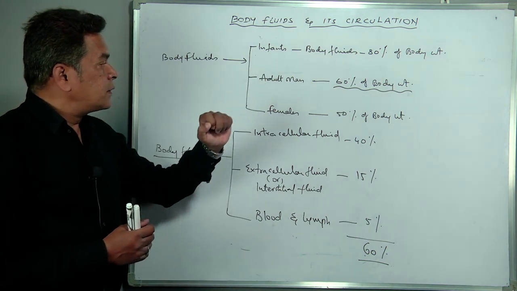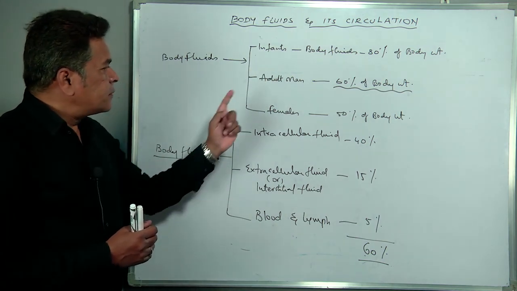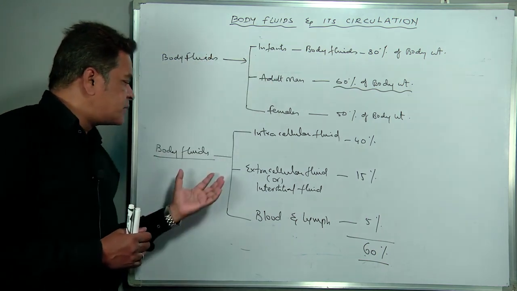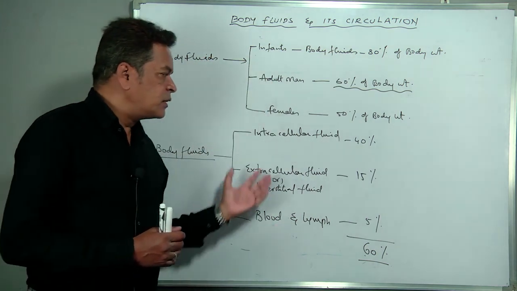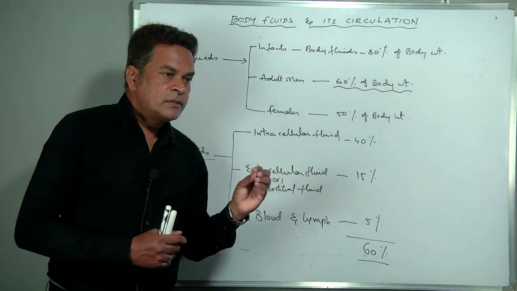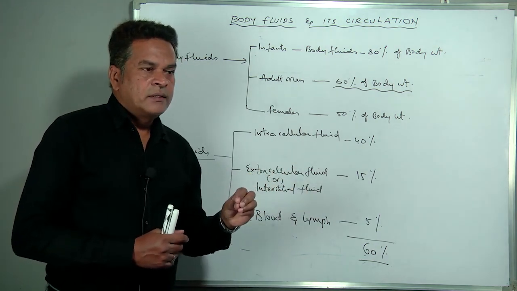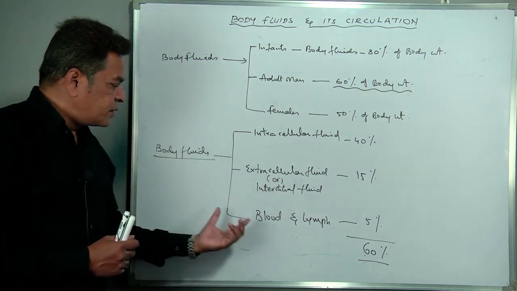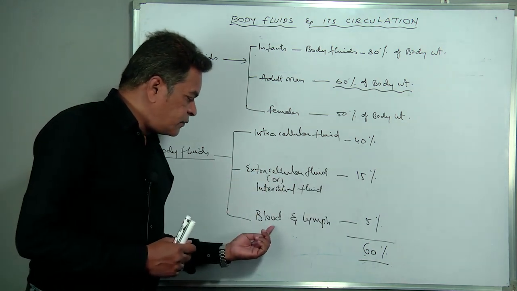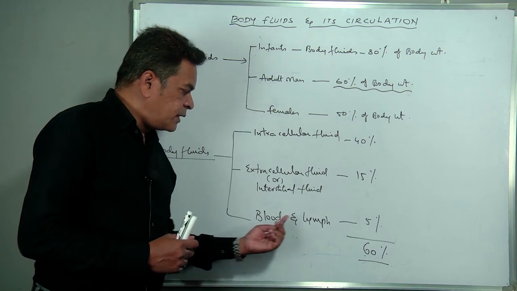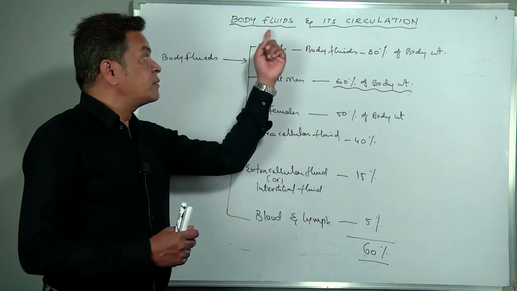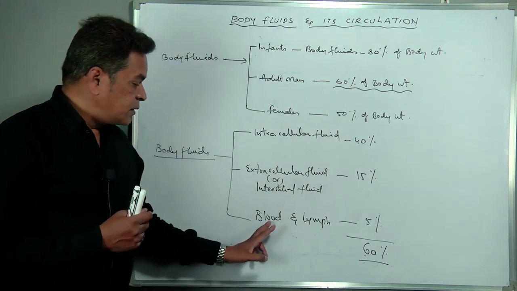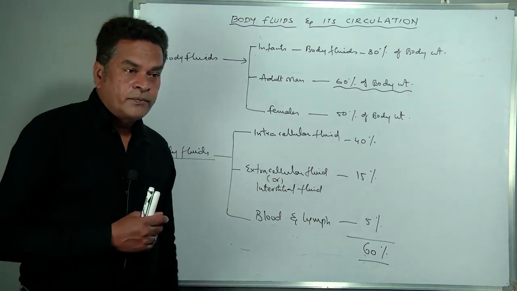Body fluids are all the fluids present in our body put together. But more importantly, we need to talk about blood and lymph, because our topic is body fluids and their circulation. In the circulation you find blood and lymph.